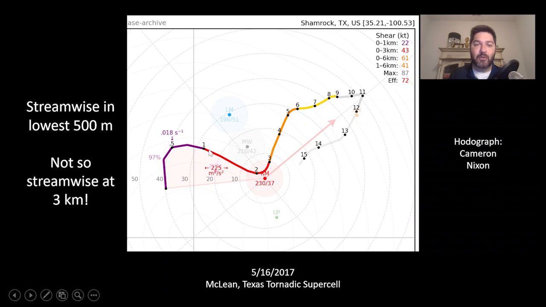But you'll notice that once you get up to 2 and 3 kilometers, it's not so streamwise, particularly at 1 kilometer. The angle really starts to change to something that's a little bit more crosswise. And then it becomes a little bit more streamwise with height, but not nearly as good as it is in the first half kilometer of the troposphere. But it turns out that the most important level for streamwise vorticity as far as tornadoes is concerned is actually in the lowest, say, kilometer, maybe even 500 meters.